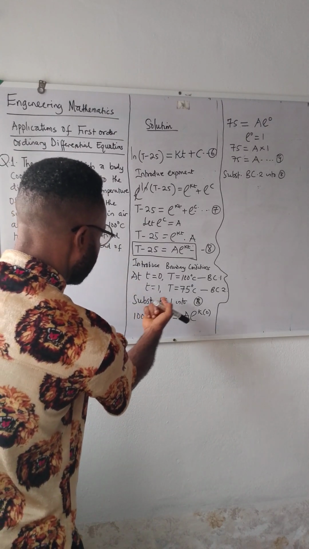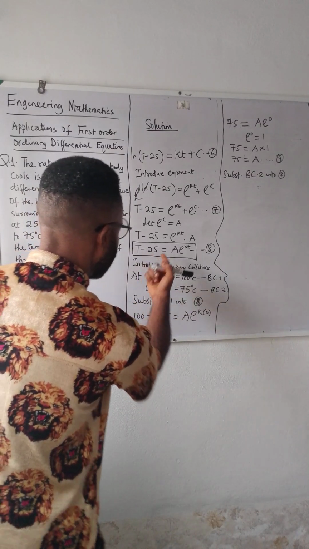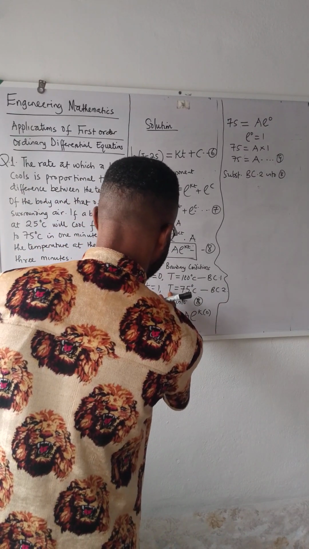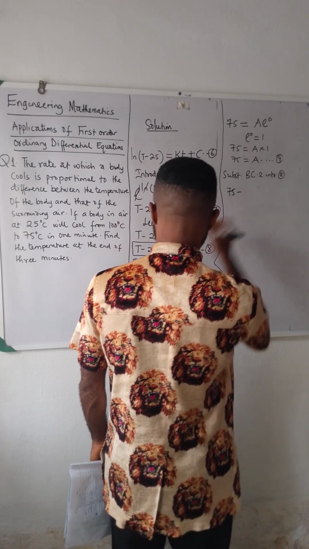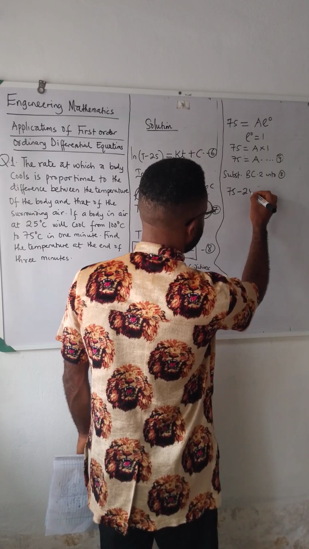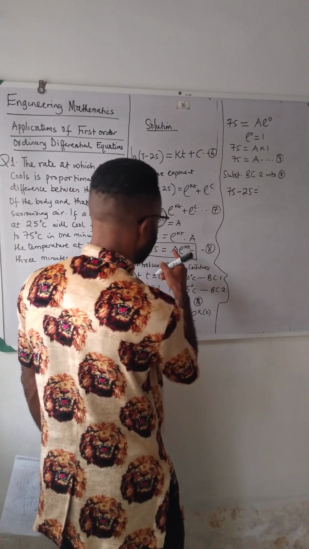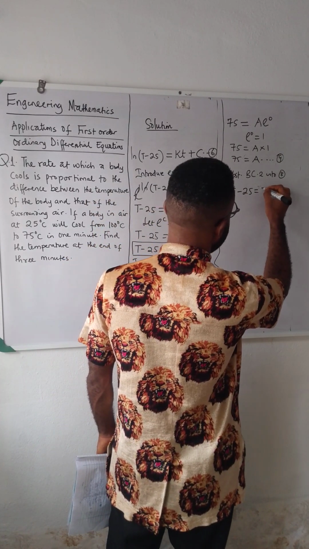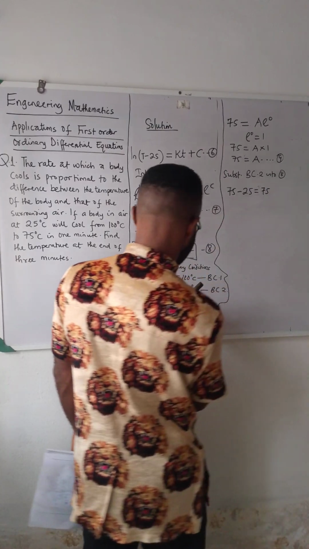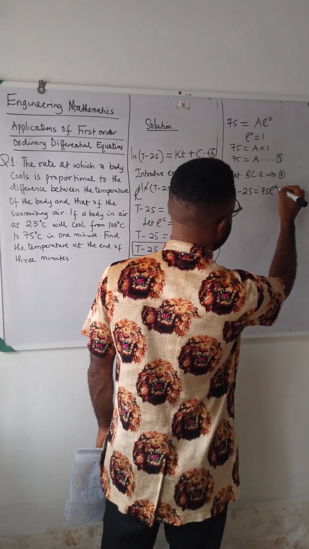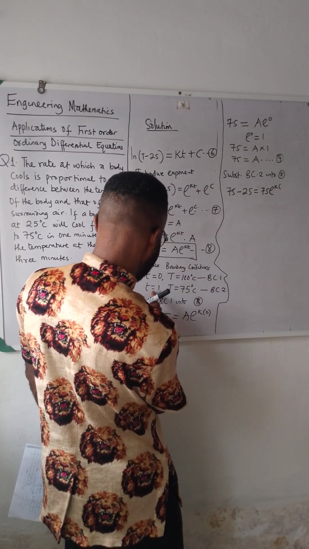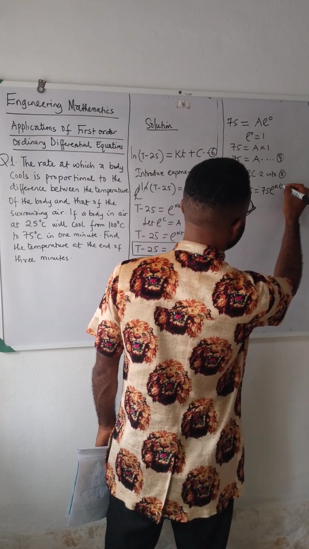Substituting boundary condition 2 into equation 8, our T for boundary condition 2 is 75, so we have 75 minus 25 equal to A, which is now 75, and then exponent K times our t for boundary condition 2, which is 1.